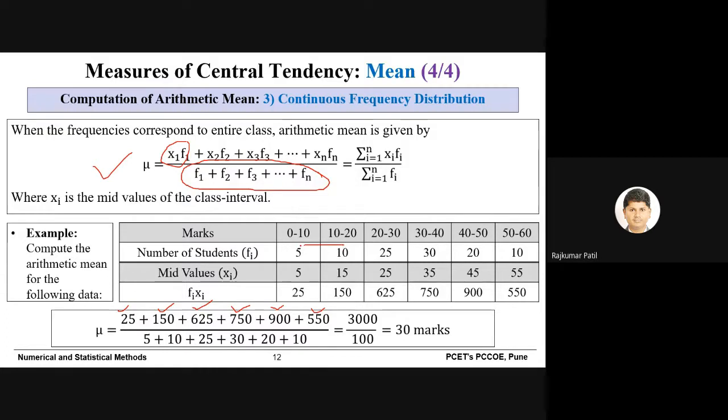So you can see frequencies are there. Take its summation, and that will be 100. So simplify this and the answer will be 30. So you can say that for a given class, the average score made by the students is 30 marks. So this is the mean of the class.